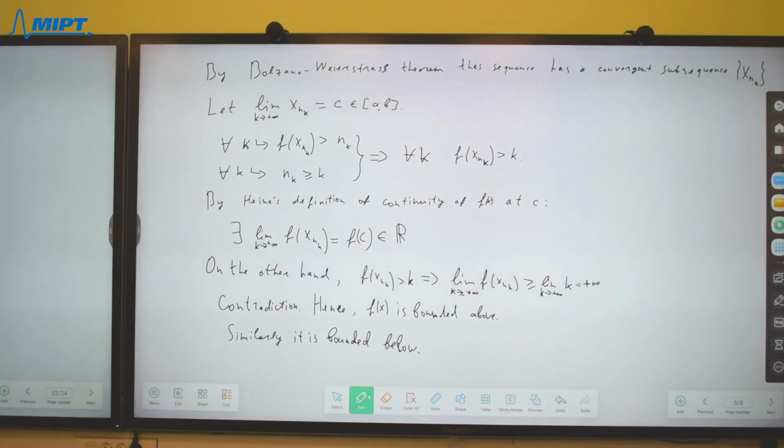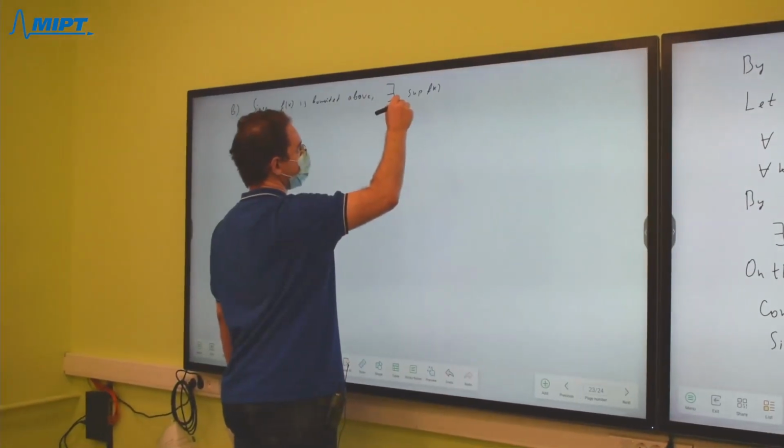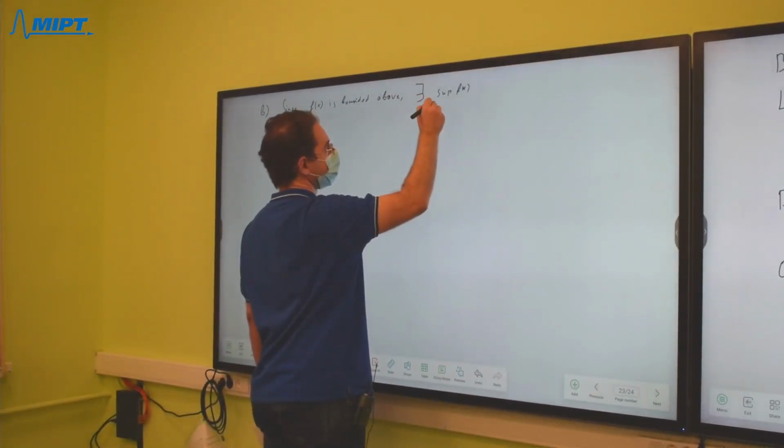Since my function is bounded above, there should be a supremum of my function as x is from this interval.